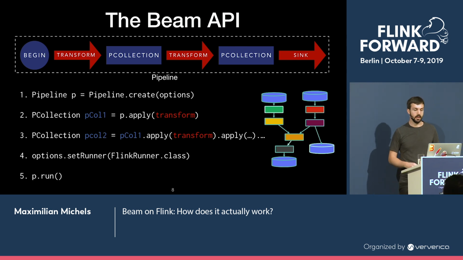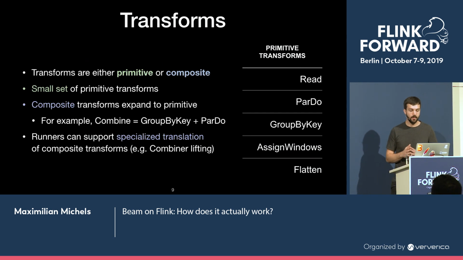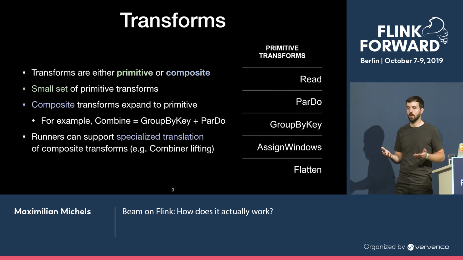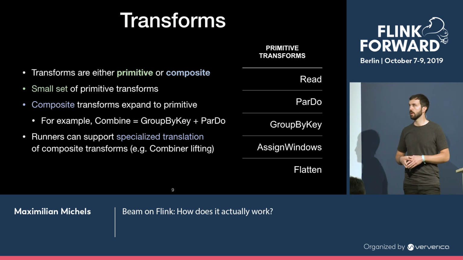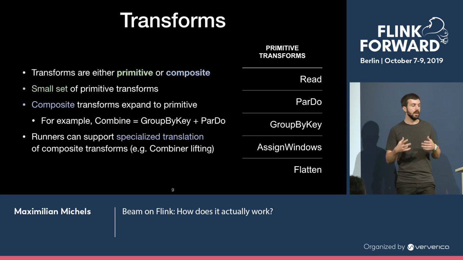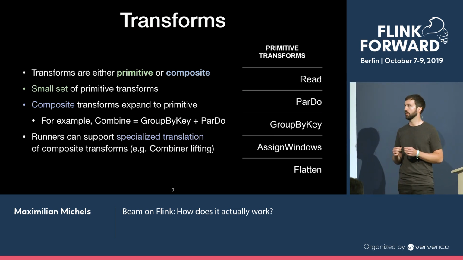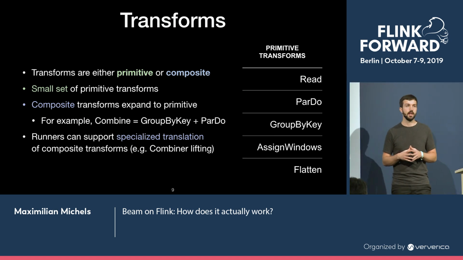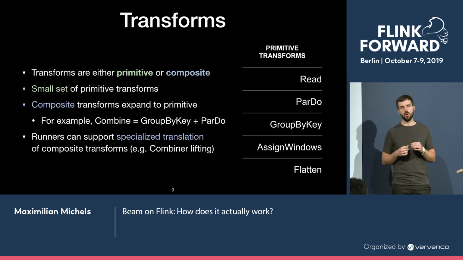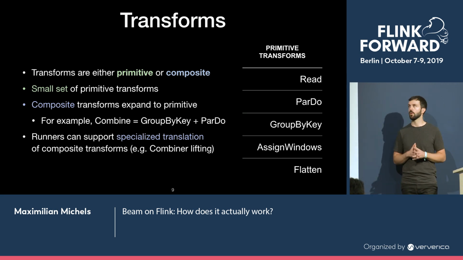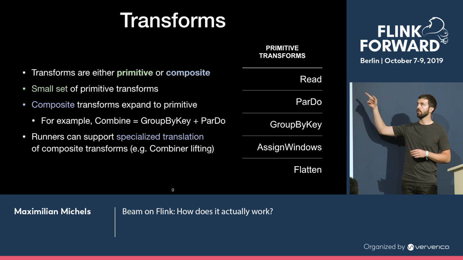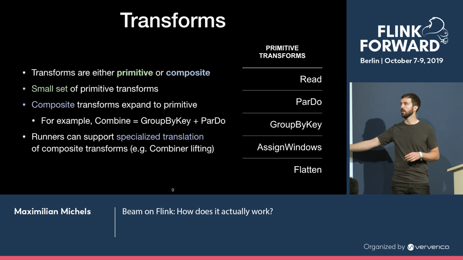So it's very elegant. And actually, what are these transforms that we just apply to the PCollections? Beam has this notion of primitive and composite transforms. The beauty of this is that we only have a very small set of primitive transforms that we need to support, which is Read, ParDo, GroupByKey, AssignWindows, and Flatten.